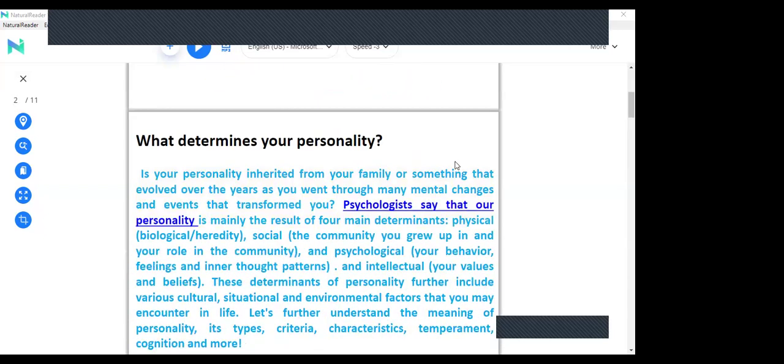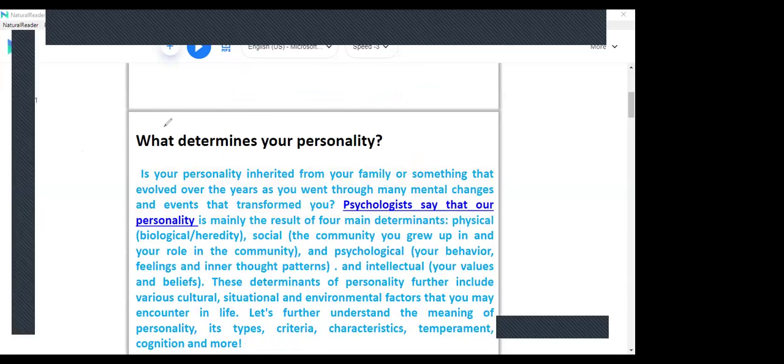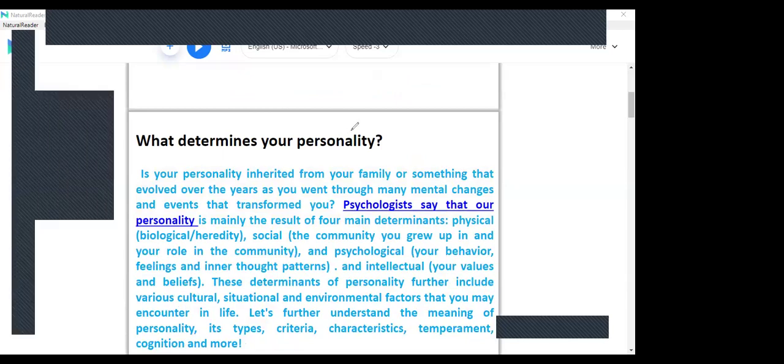Here now you have to take an idea about what determines your personality. Now, the word person, when we divide it like in my diagram, you can see the person is here.